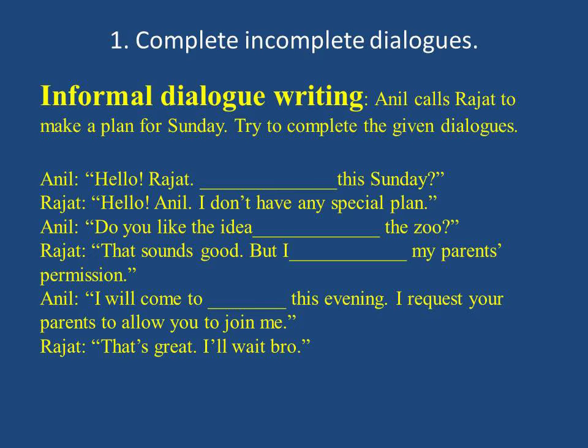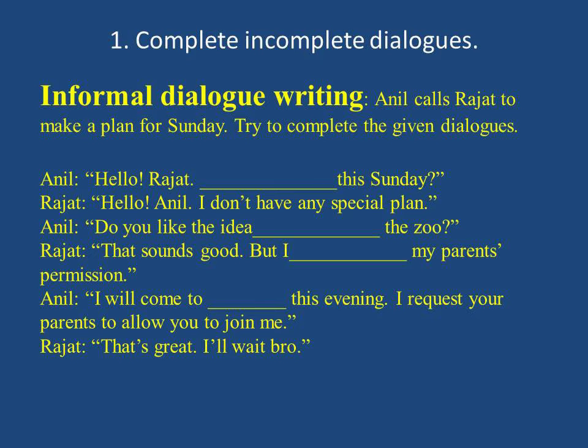Now, my dear dialogue writers, your work starts again. You have to work on the same pattern. You have to understand the situation, you have to imagine the situation, and you have to keep in mind all the rules and regulations. So, now try to imagine the situation.